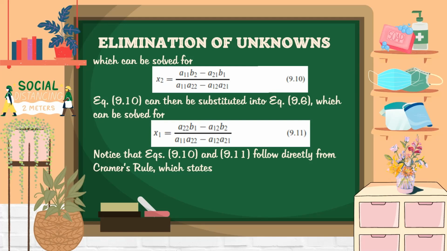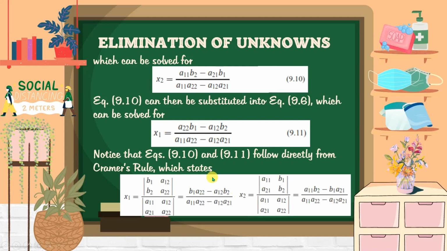Notice that equations 9.10 and 9.11 follow directly from Cramer's rule. You will notice the similarity of Cramer's rule to this. The only difference is this is for a 2 by 2 matrix, or simply two linear equations.